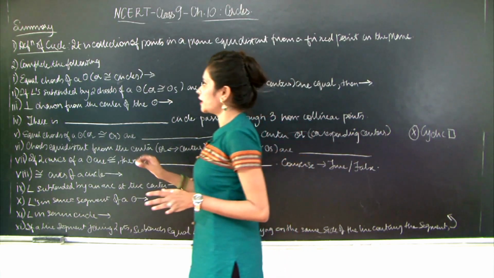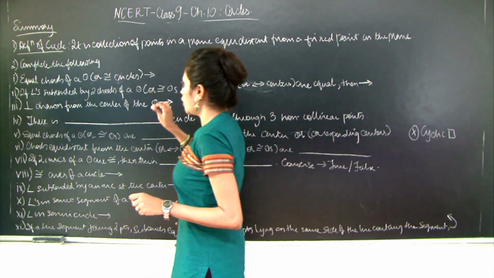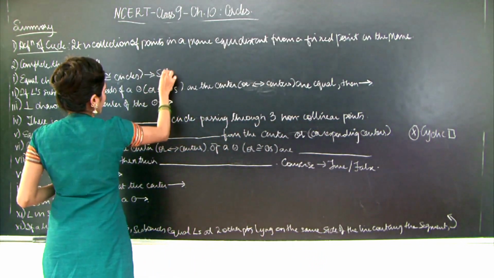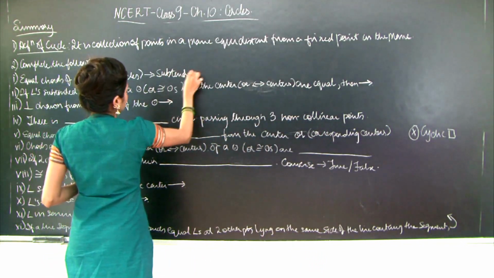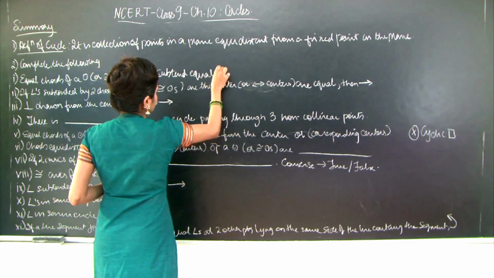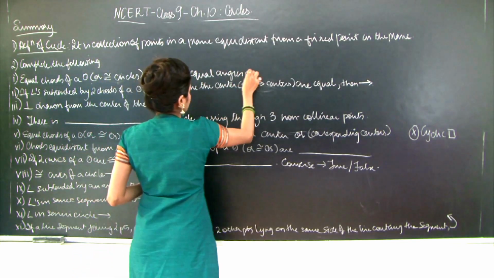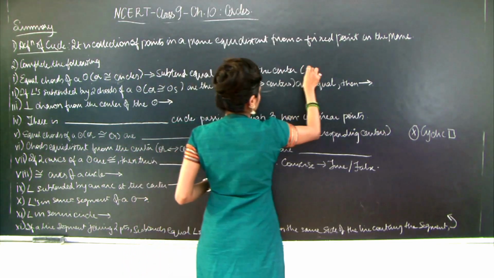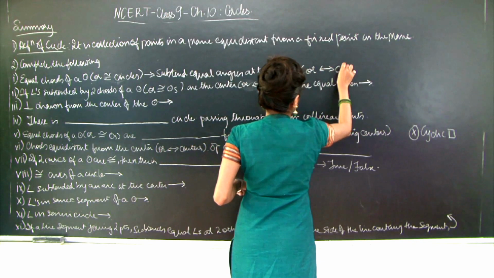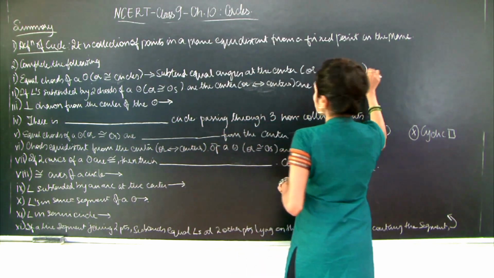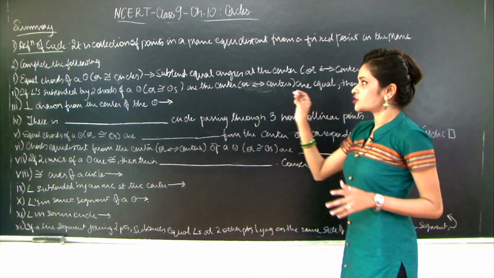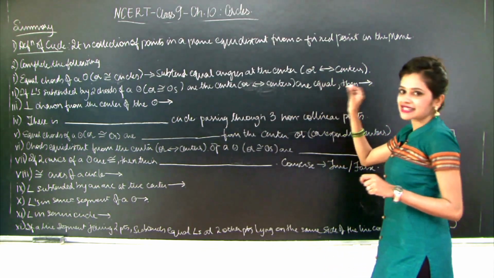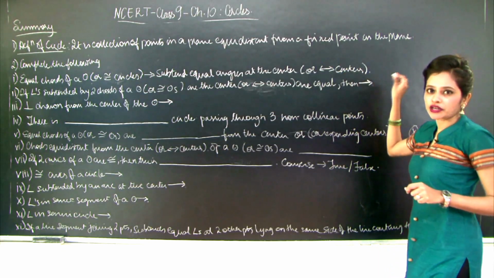Now complete the following. Equal chords of a circle or congruent circles... You ready? Equal chords of a circle or congruent circles subtend equal angles at the center or corresponding centers.